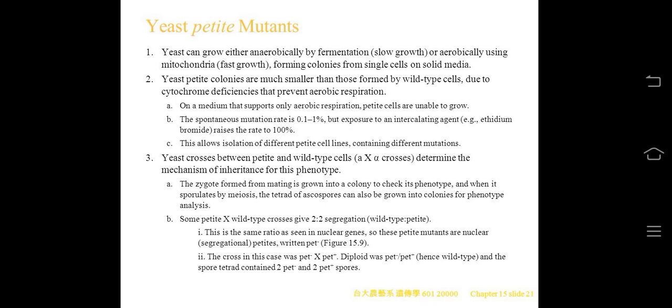Some petite x wild type crosses give 2:2 segregation of wild type to petite. This is the same ratio as seen in nuclear genes, so these petite mutants are nuclear segregational petites, written pet. The cross in this case was pet- x pet+, the diploid was pet-/pet+, hence wild type, and the spore tetrad contained 2 pet- and 2 pet+ spores.